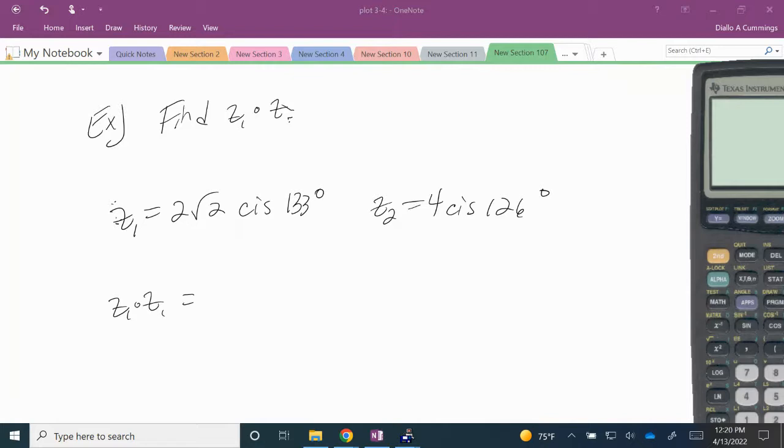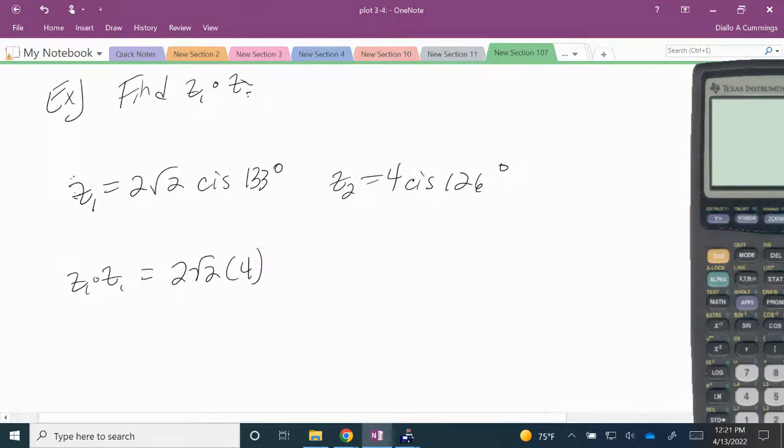I'm going to multiply my absolute values, so that's 2 square root of 2 times 4, cis, and then we're going to add our arguments, 133 degrees plus 126 degrees.